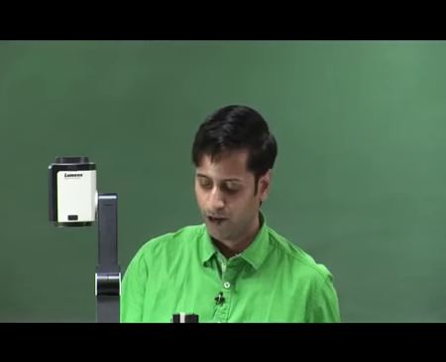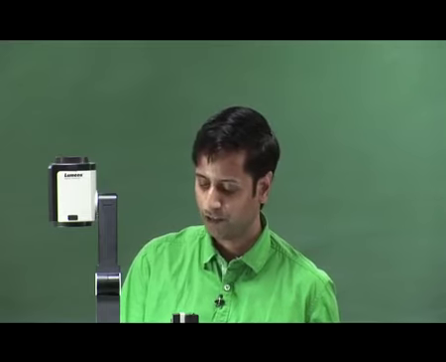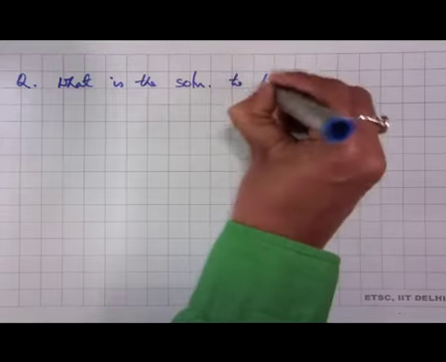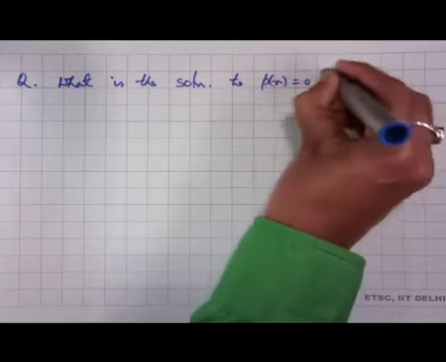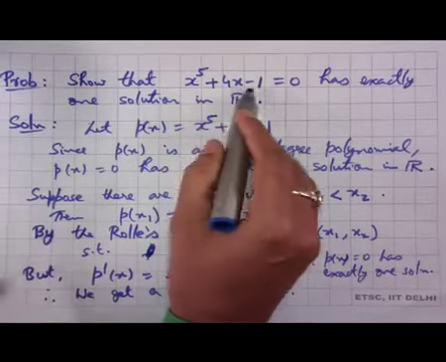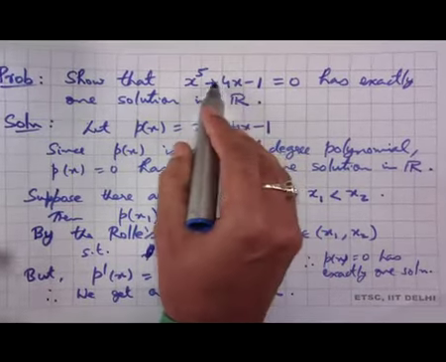You might ask the question, where is the solution? I mean, what is the solution? So, note that here we have a polynomial of degree 5.